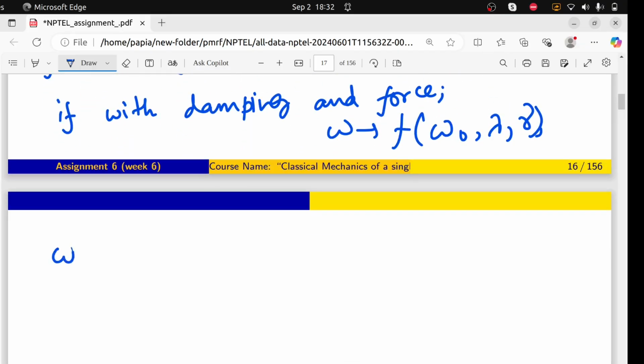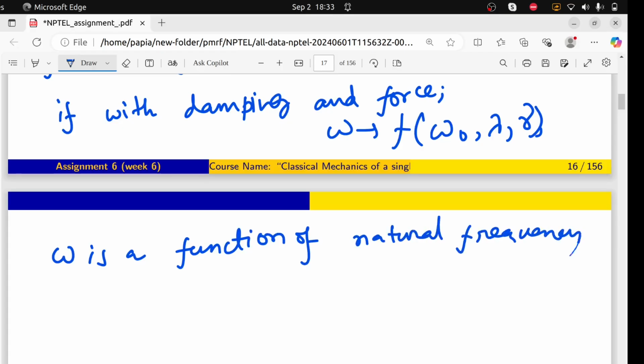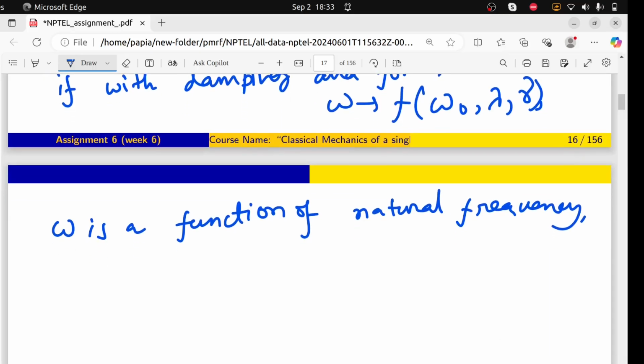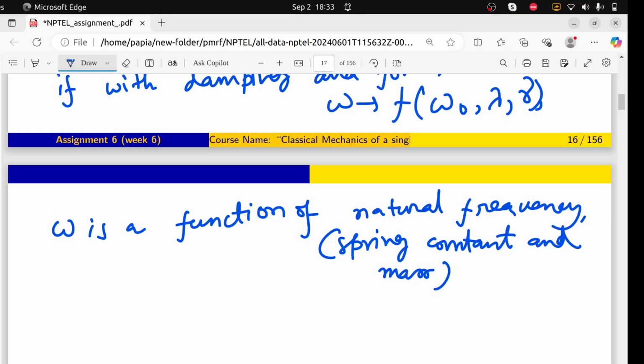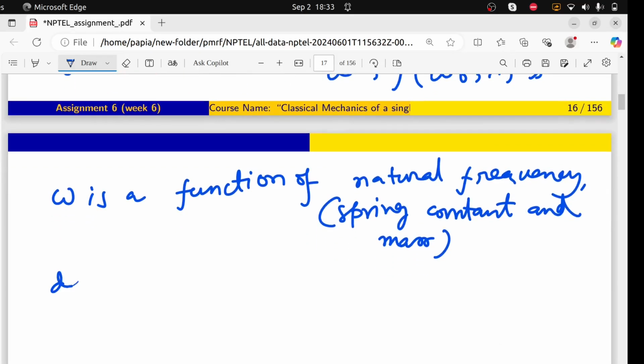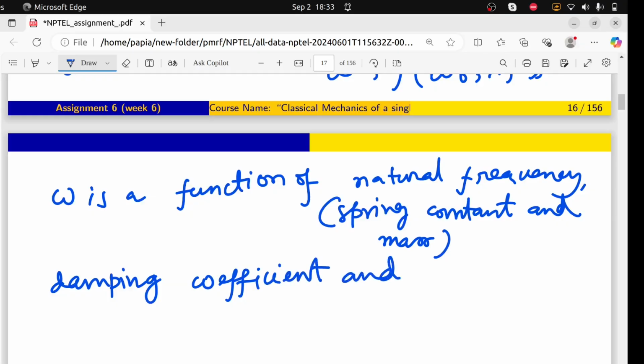Okay, so our omega is a function of natural frequency, and natural frequency means obviously it will again be a function of spring constant and mass, k by m, right? And lambda is the damping coefficient, and gamma is the forcing frequency.